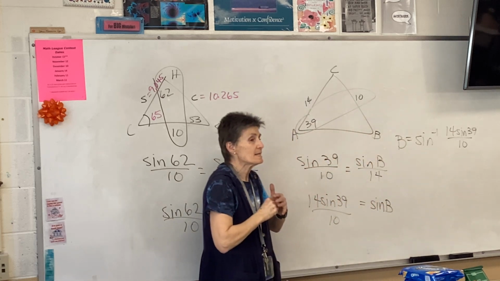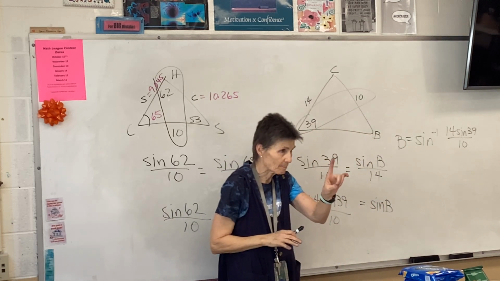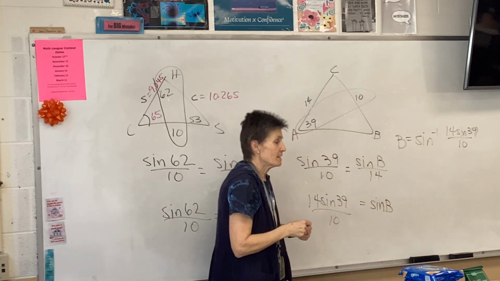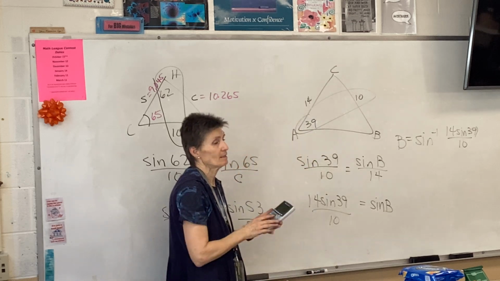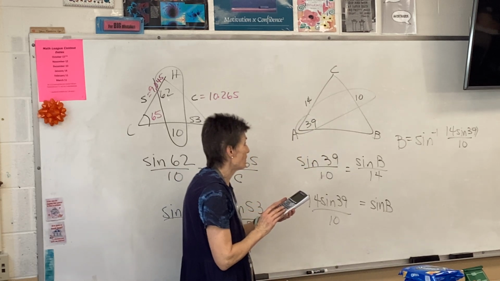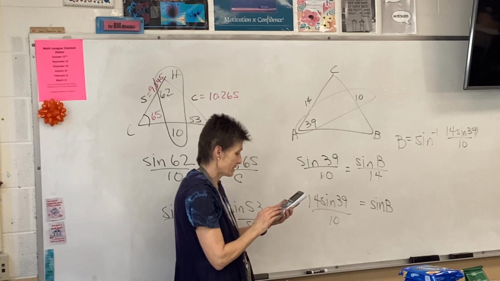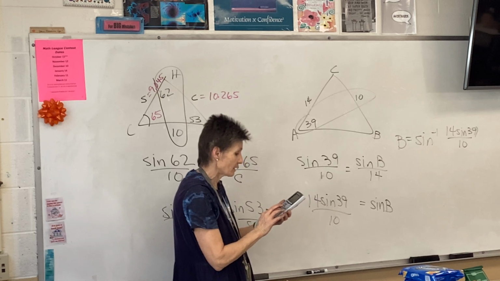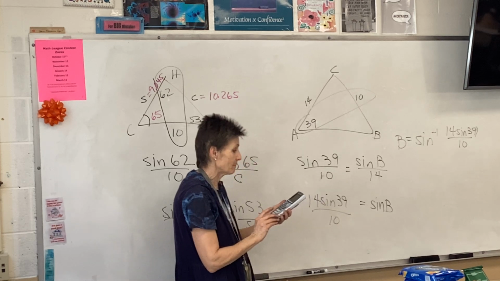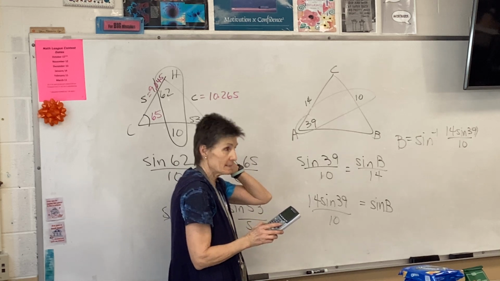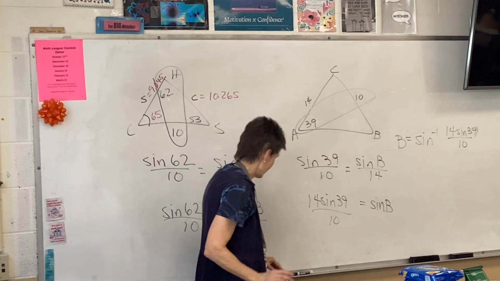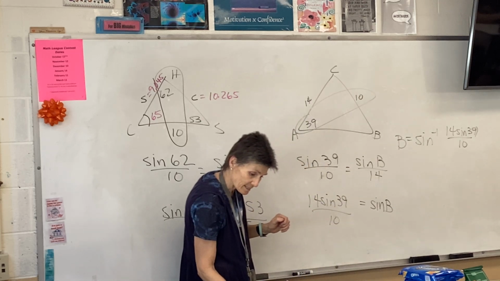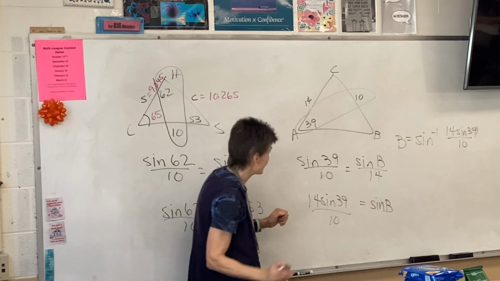You will not need to put any parentheses except after the 39, you need to close it. The angle has to be in parentheses. So second sine, 14 sine 39, close parentheses, divided by 10. Yep. Now, kids, pay attention. We got an answer. We got 61.769.